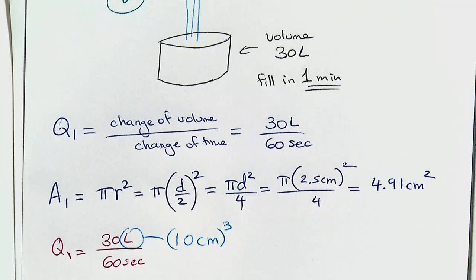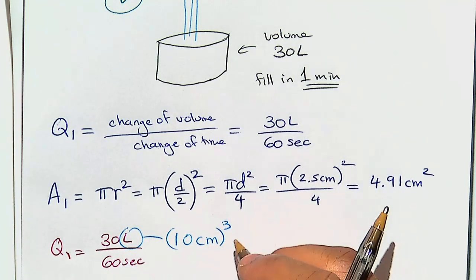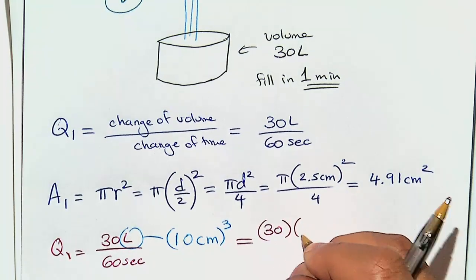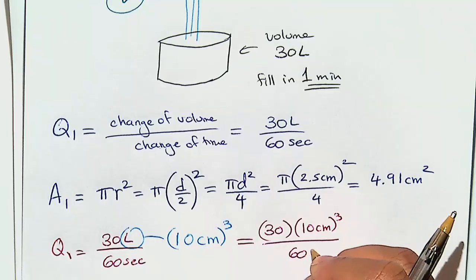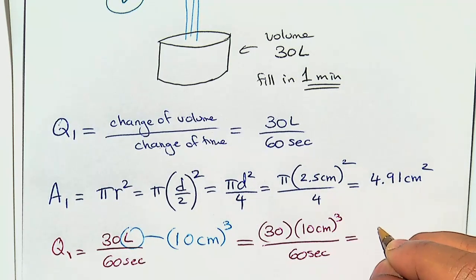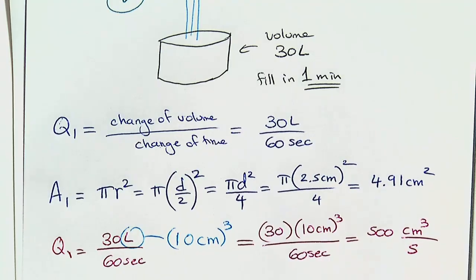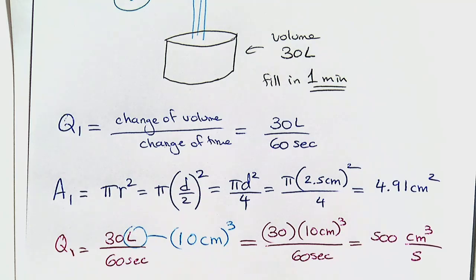So we can convert this to centimeters cubed per second. Q1 is 30 times 10 cubed centimeters cubed divided by 60 seconds, which gives us 500 cubic centimeters per second. This is why I was using centimeters for area, because it's easier to stick with centimeters when you're dealing with liters.